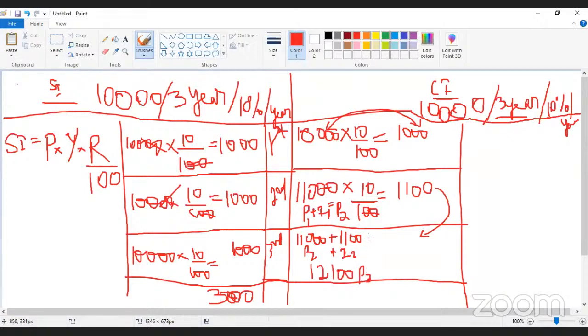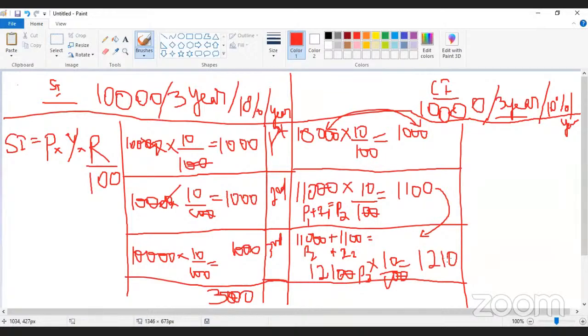Are you clear with that? Finding 10% of it is nothing but 1,210. So in compound interest, the first year's interest paid is 1,000, the second year's is 1,100, the third year's is 1,210.